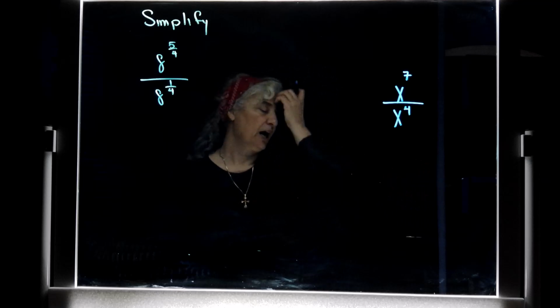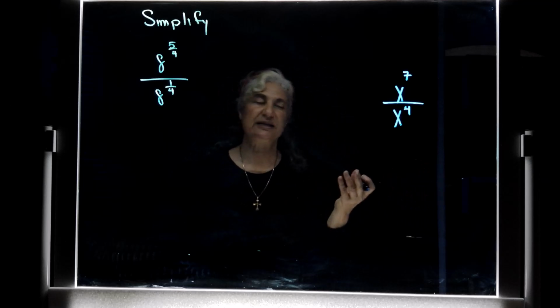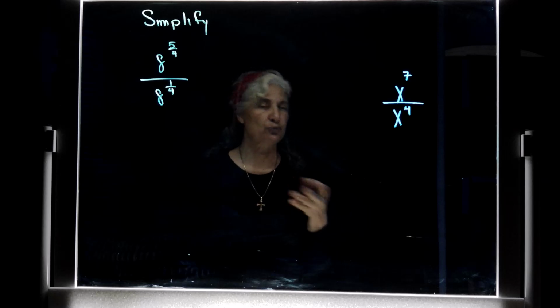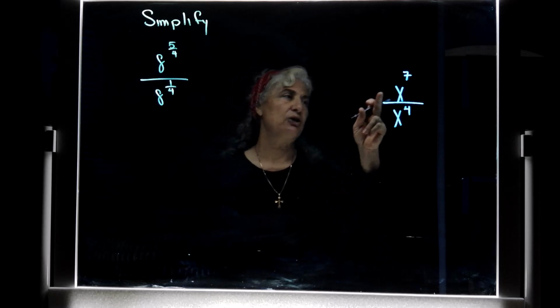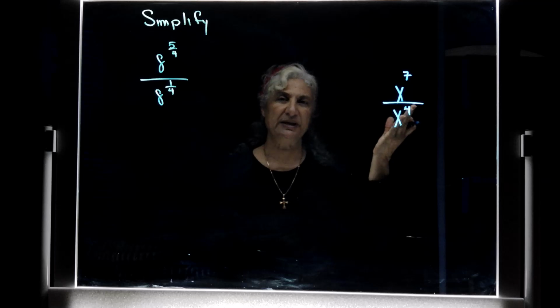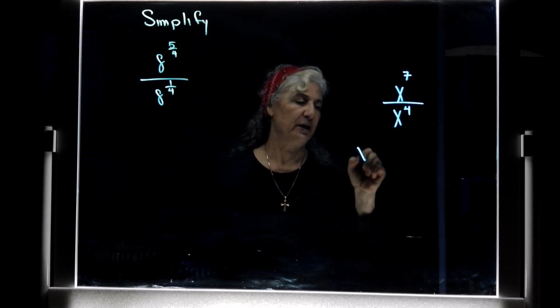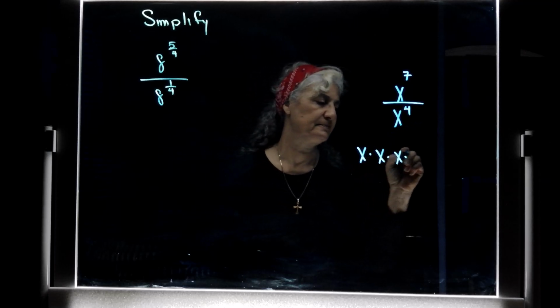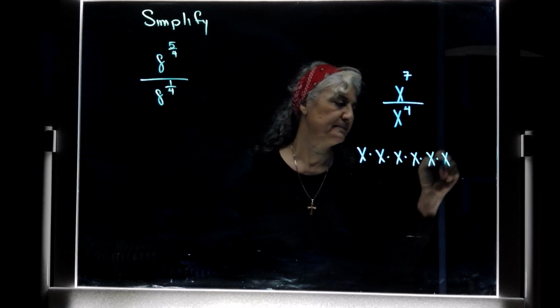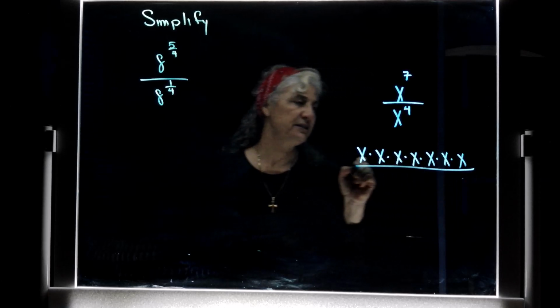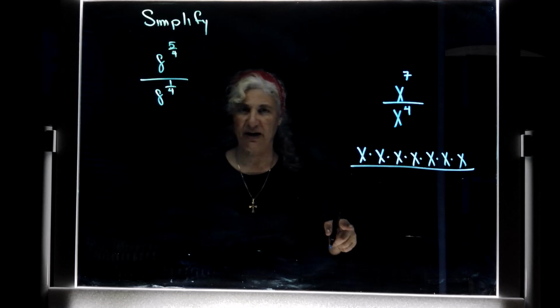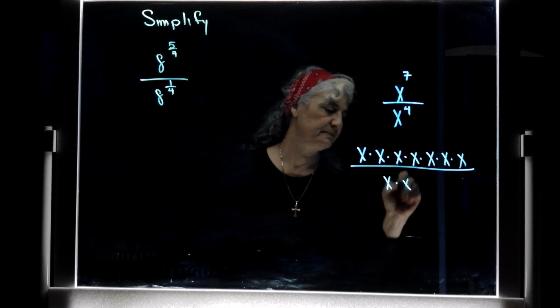Okay, humor me. I'm going to write things the long way because when I see it the long way, I understand the rule better. So according to the numerator, how many x's do you have? You have 7. And according to the denominator, how many x's do you have? You have 4.